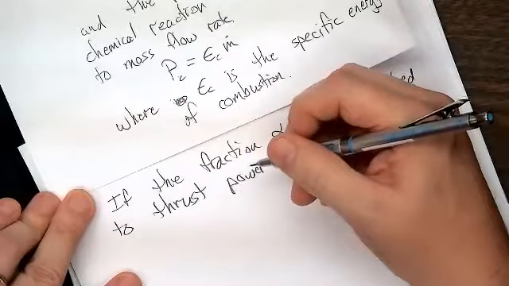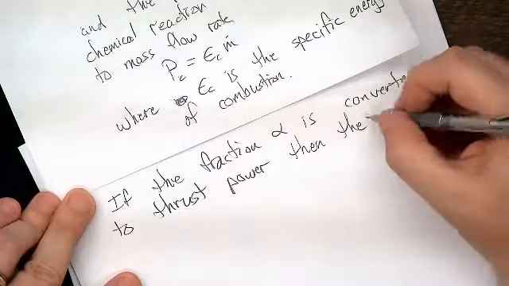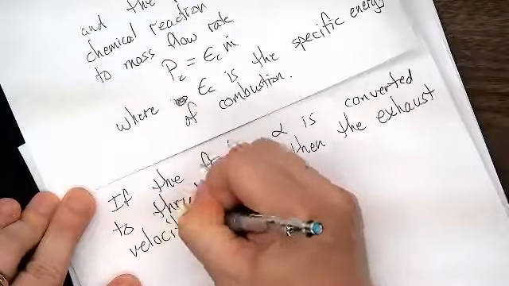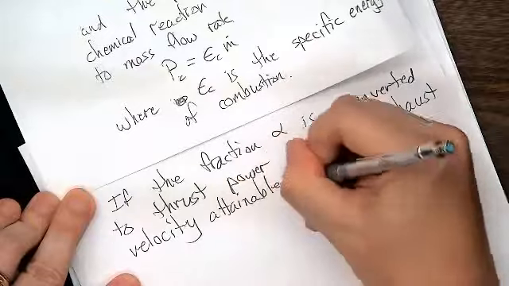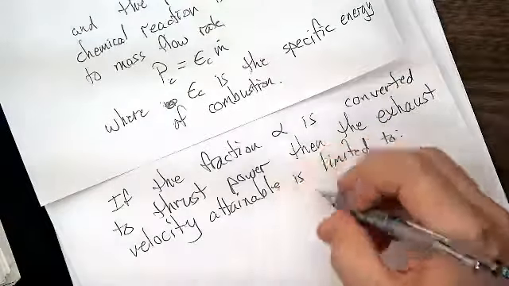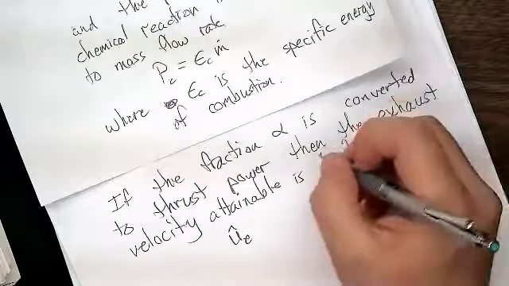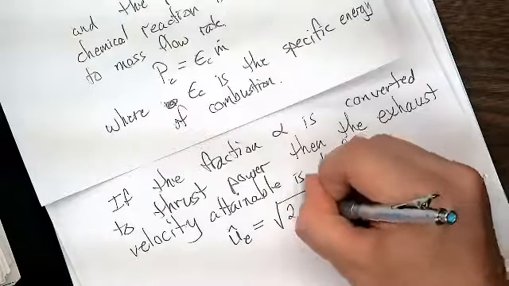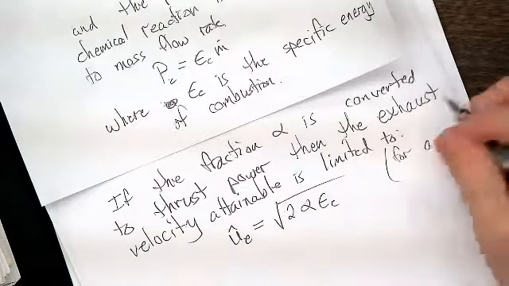Then the exhaust velocity attainable is limited to some maximum exit velocity equal to the square root of 2 times alpha times epsilon sub C. And remember, this is for a chemical rocket.